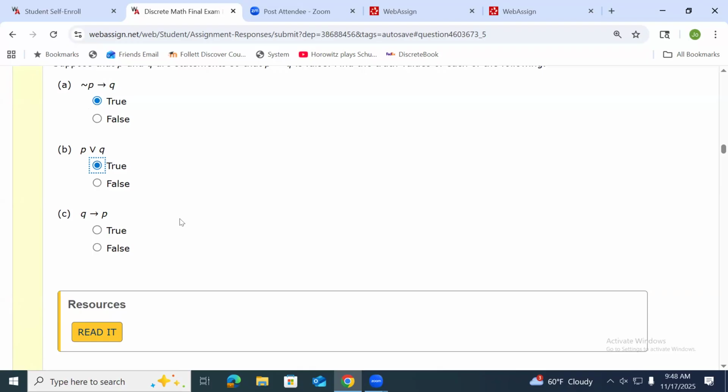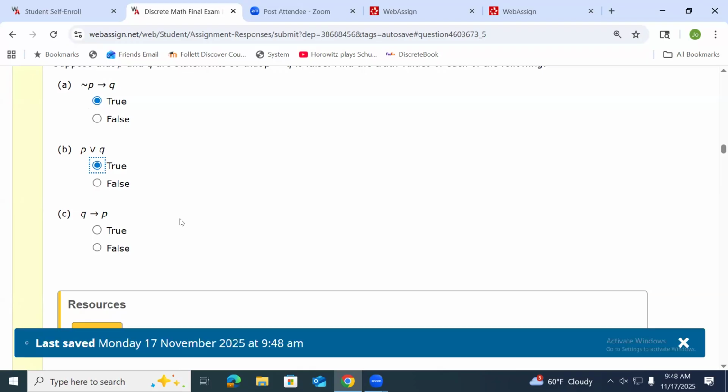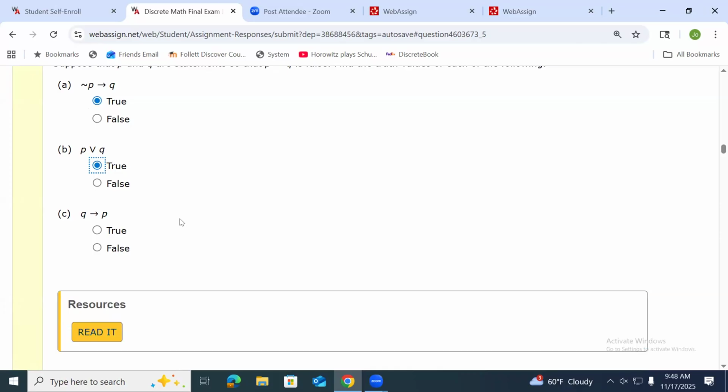And then how about Q implies P? What's the truth value of Q implies P? Well, on your paper, write Q implies P. And remember, we know that Q is false, because we already know it's false from the beginning.